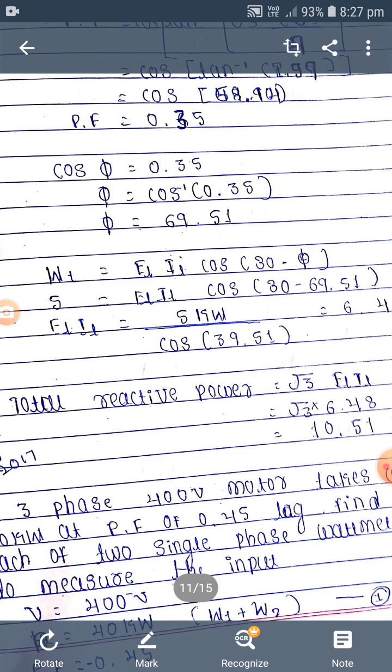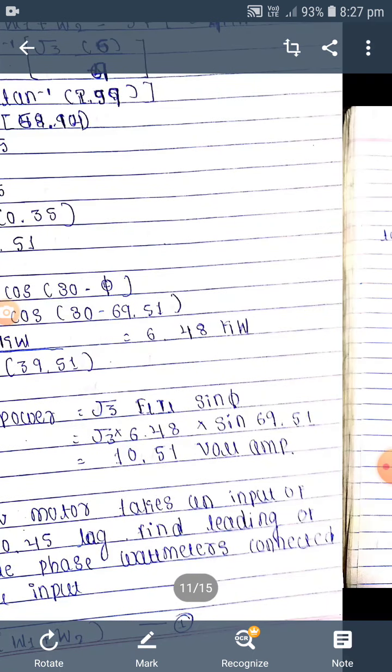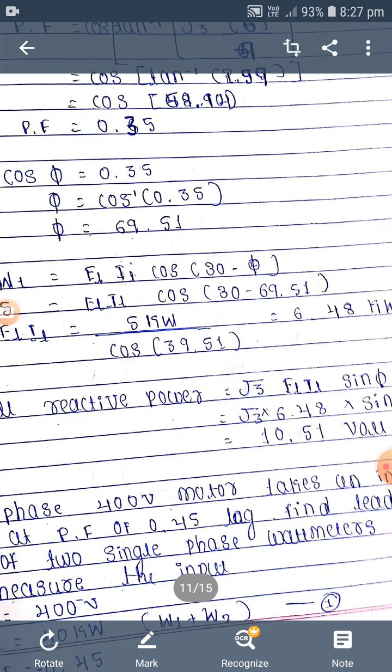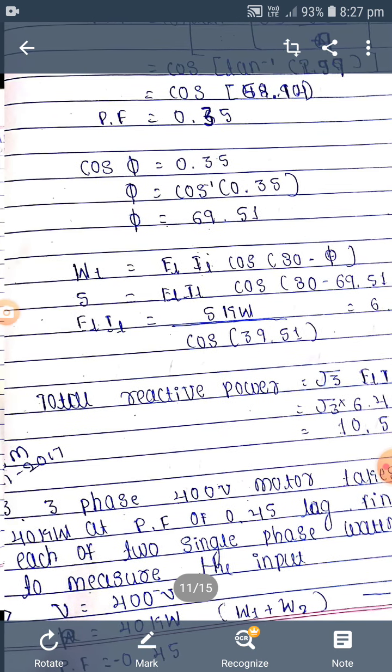Two single phase wattmeters are connected to measure the input power. Then calculate the W1 and W2 readings.